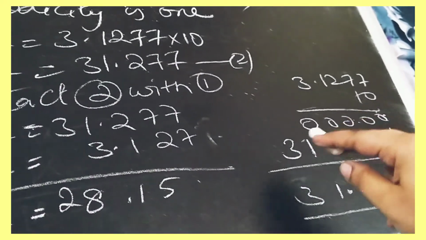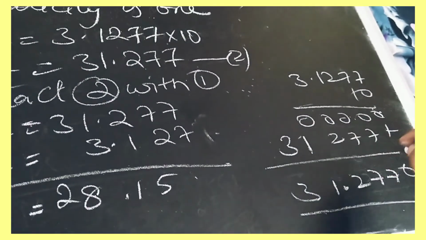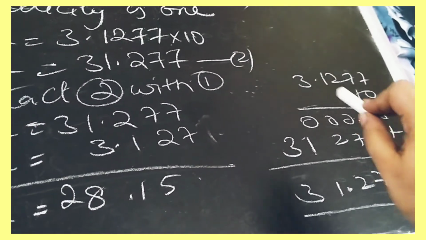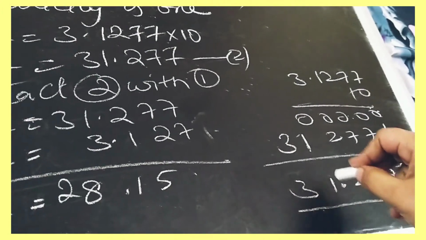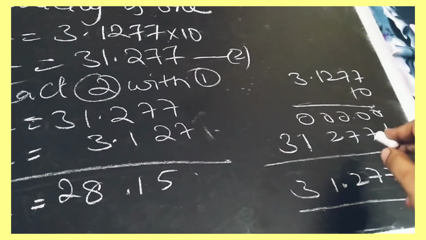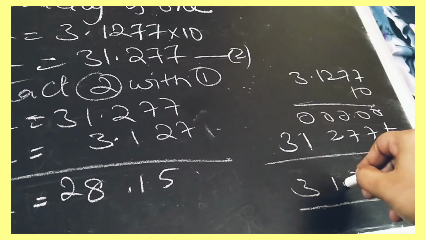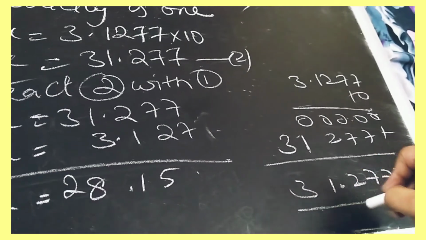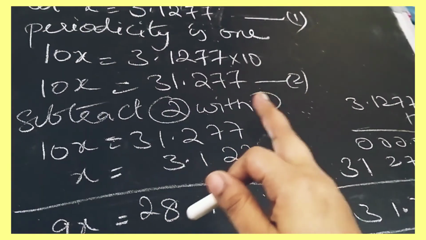It is 0 0 0 0. 7 0 0 7 0 0, 5 times 0 we have to write, then plus 1 7 is 7, 1 7 is 7, 1 2 is 2, 1 1 is 1, 1 3 is 3, then 0 7 7 2 1 3. Now 1 2 3 4, here we have to keep the point. It is 31.277. Okay, 31.277 is the second equation.